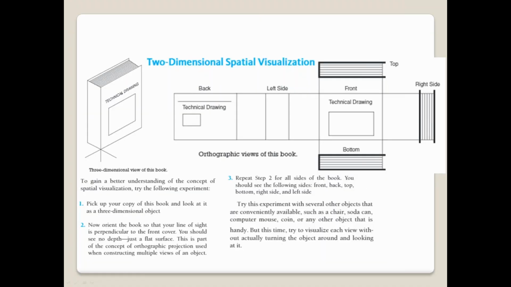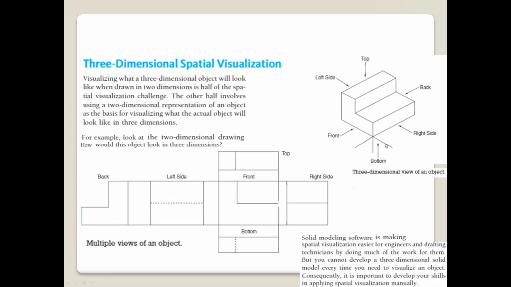Now let's go to the next slide. Three-dimensional spatial visualization. So we have a three-dimensional view of an object. As you can see here, this is a three-dimensional view. But of course, you can always create multiple views of this object.